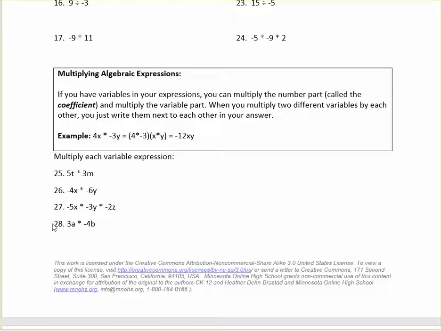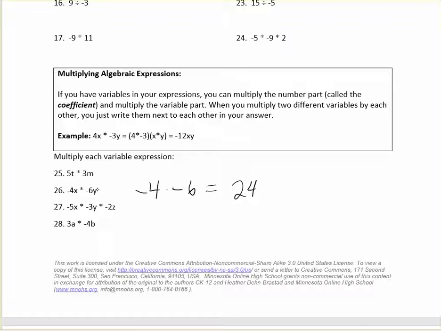So in 28, no, let's do 26. In 26, we're going to multiply the coefficients. The coefficients are negative 4 times negative 6. When we multiply those together, a negative times a negative is positive, and 4 times 6 is 24, so we get positive 24.